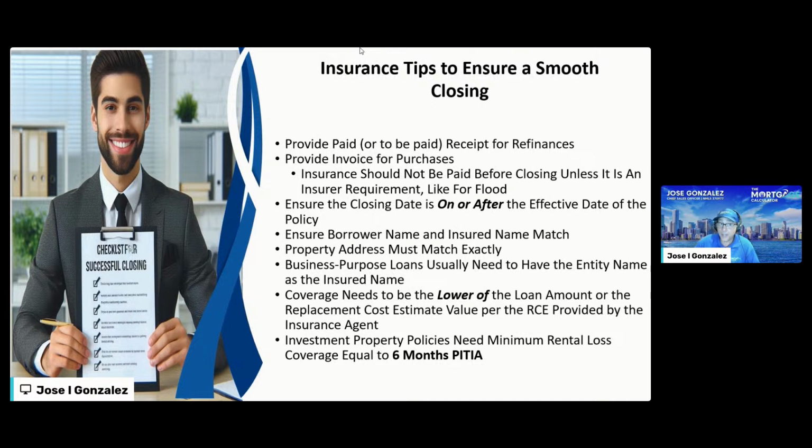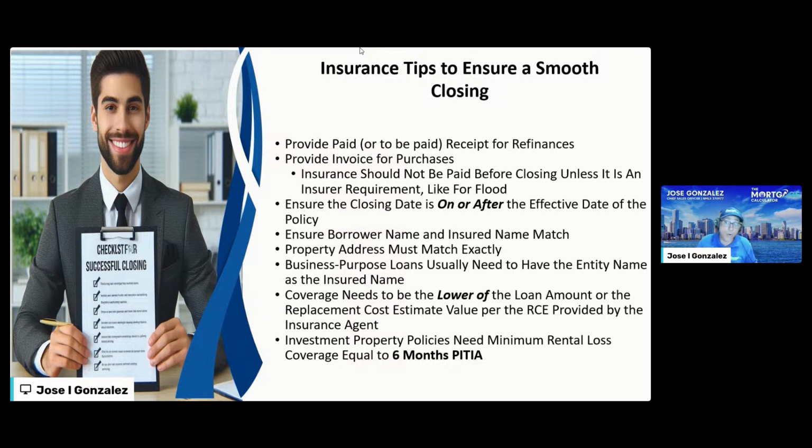So please note, it also doesn't have to be the loan amount either, because in some cases the loan amount could be almost the purchase price for an FHA loan. It simply needs to be the lower of the cost to replace the structure, which is determined by the RCE, or the loan amount. So if the loan amount is $150,000 and the cost to replace the structure is $300,000, you only need to insure $150,000 for purposes of the loan.